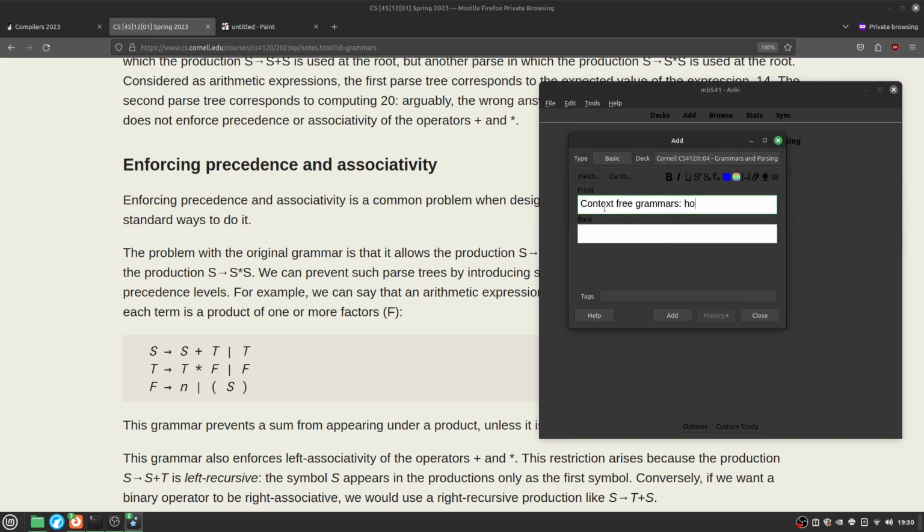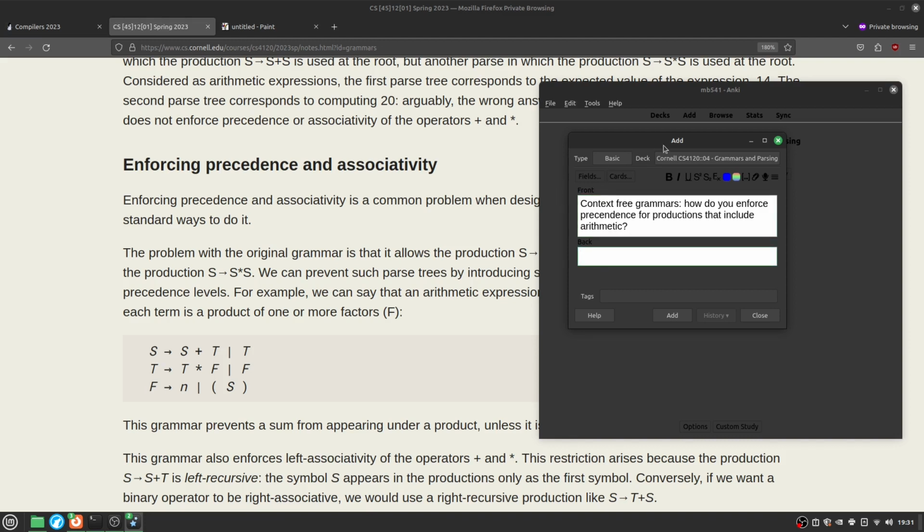So how do you enforce precedence for arithmetic, for productions that include arithmetic?